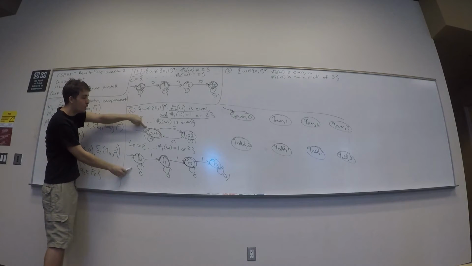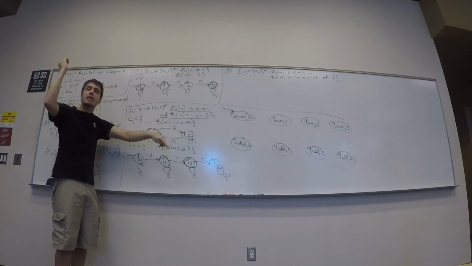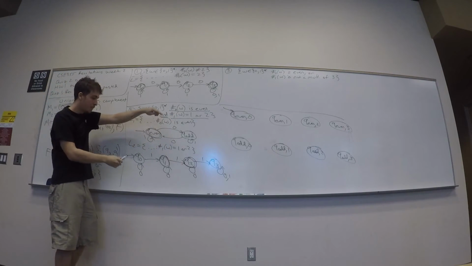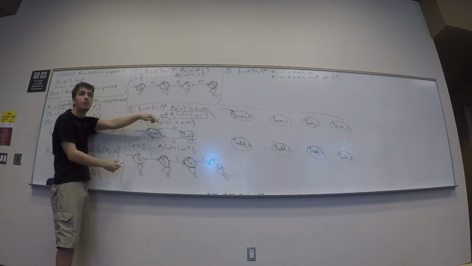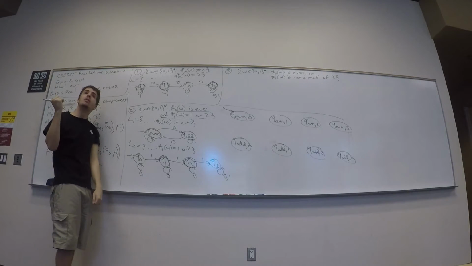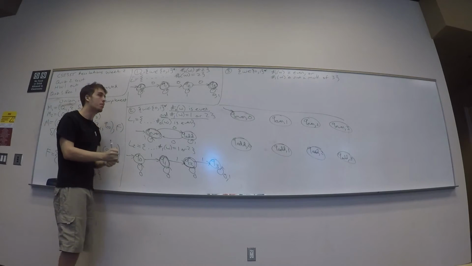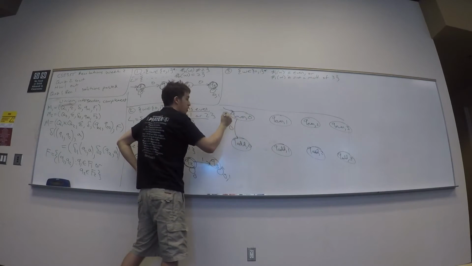So Q even, where does it go on 0? It goes to Q odd. So in my brain, I'm going to write down odd. Q 0, where does it go on 0? It comes back to itself. So I write down 0 in my brain. So Q odd 0. Oh, I have that state, so let's go there on 0.